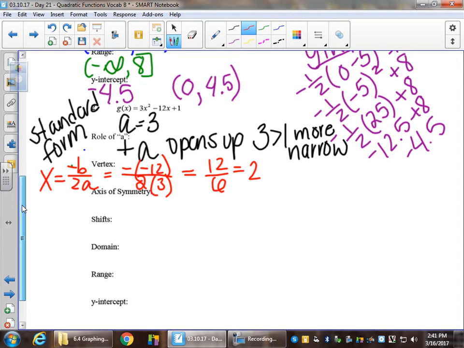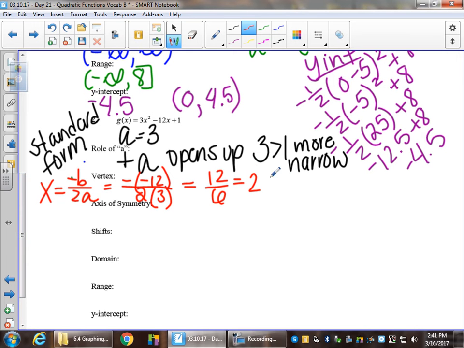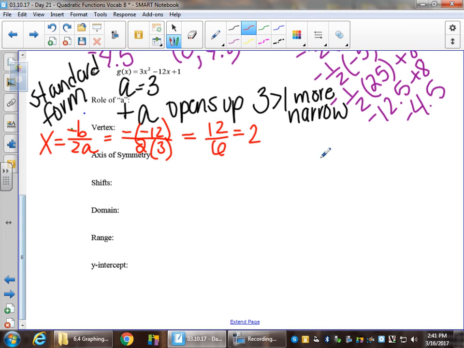We have to figure out the y value of our vertex, so we're going to take this 2, plug it back in for x into our function, and find our y value. So now we have 3 times 2 squared minus 12 times 2 plus 1. Order of operations, we have to do exponents first.